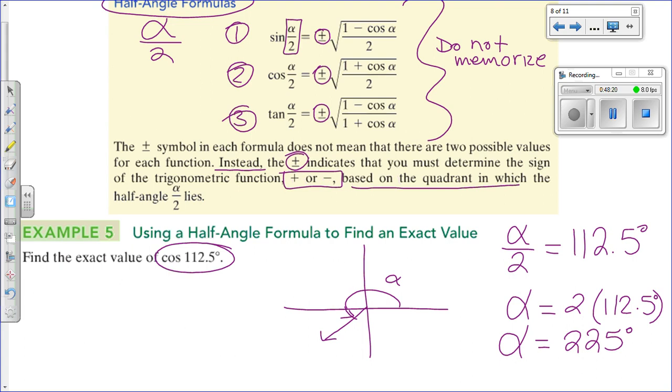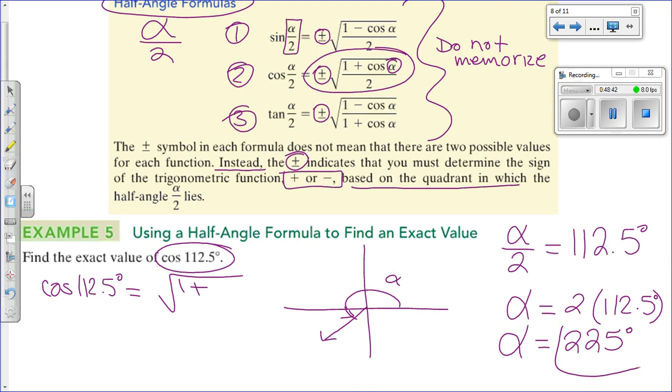So what I'm going to be using here will be formula number 2. And so that will be the cosine of 112.5 degrees is the same as the square root of 1 plus, so remember I'm using this formula, so instead of the angle alpha, I'm going to use 225.